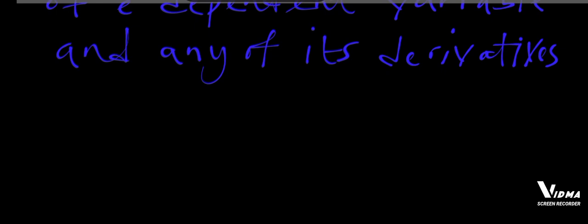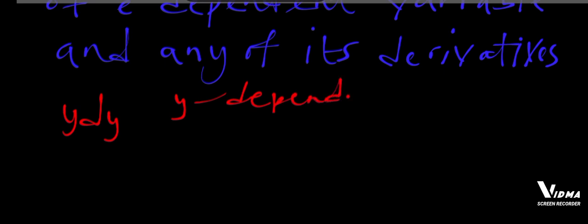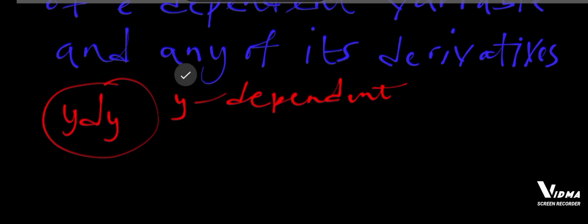So if I see something like y dy, given that y is my dependent variable, then this situation makes my differential equation nonlinear.